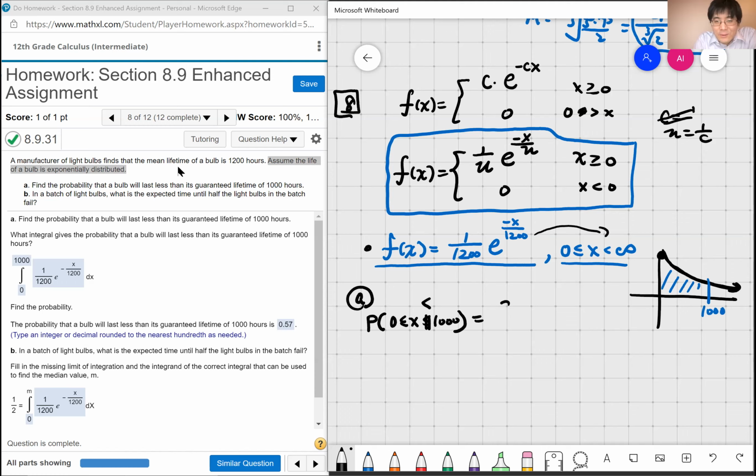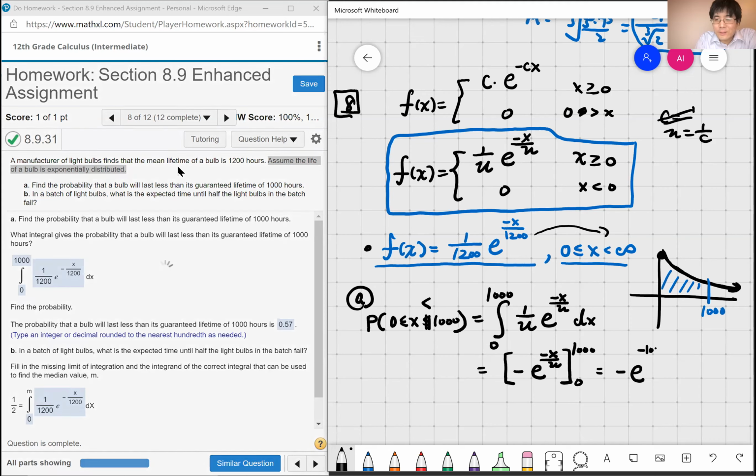That is equal to the integral from 0 through 1,000 of 1 over mu e to the power of negative x over mu dx. When you integrate this, it's going to be negative e to the negative x over mu. So you plug in 1,000 and 0, and you get negative e to the negative 1000 over mu.